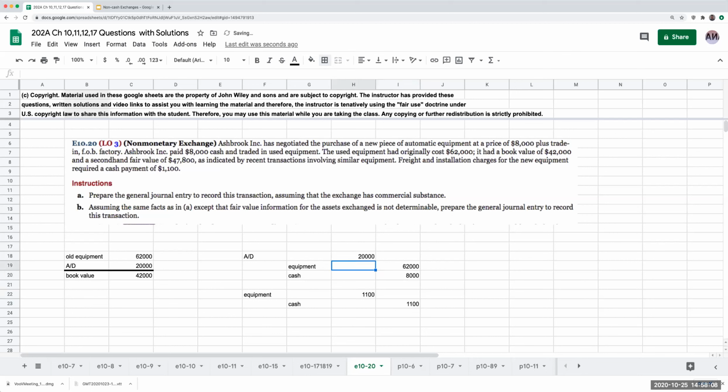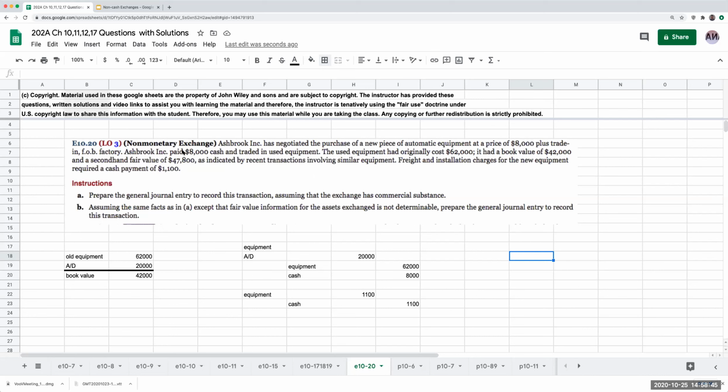Okay, so now what I need to figure out is how to value this new equipment. It has commercial substance, so I'm going to be recognizing any gains. Ashbrook negotiated a price of $8,000 plus trade-in.